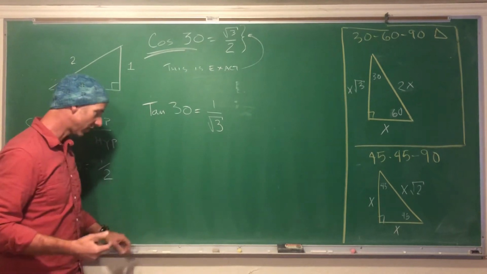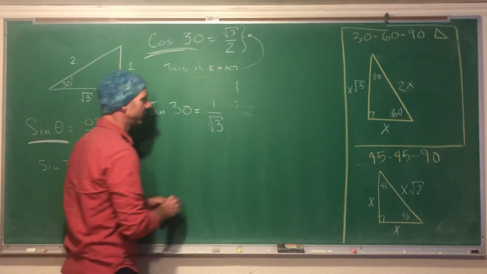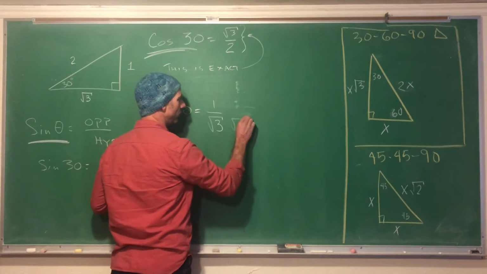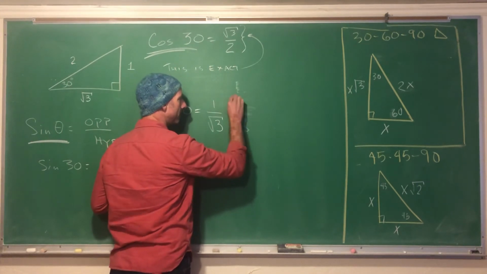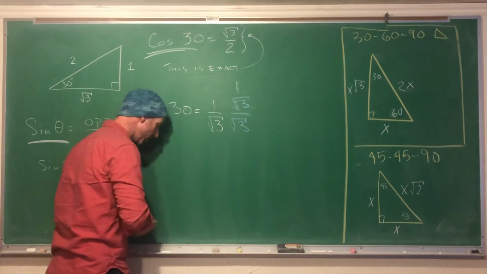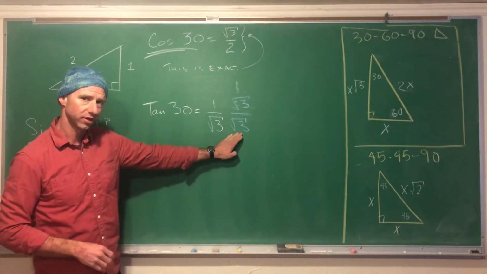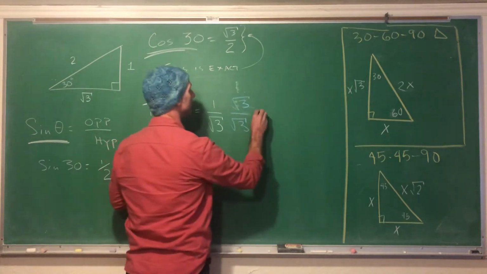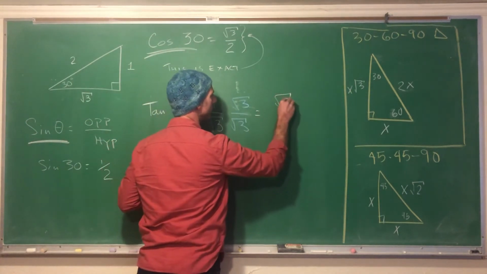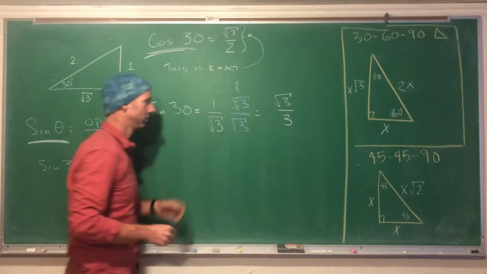We have to rationalize that, and so we're going to multiply this by root 3. Square root of 3 times the square root of 3 is just 3. So we end up with root 3 over 3.